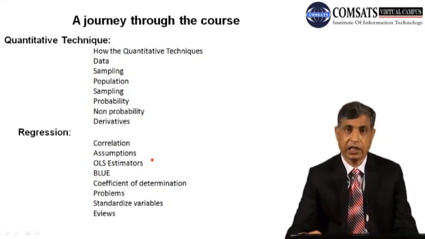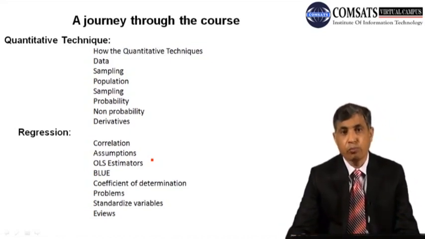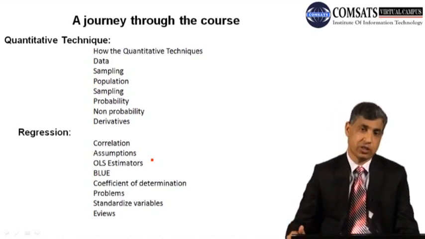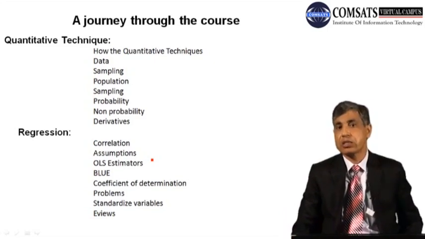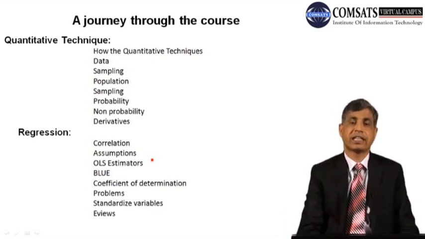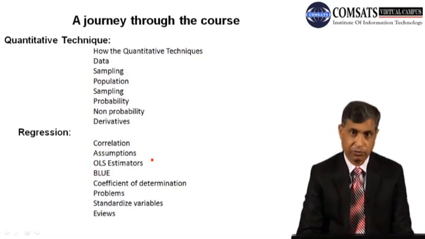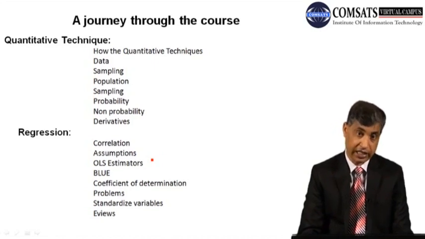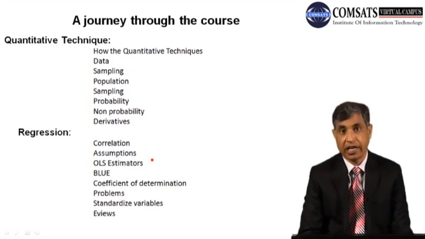There are different techniques, but if you remember, most of the time we talked about the OLS estimator, because it is a very charismatic technique based on some assumptions, and with very discrete and powerful characteristics that the others may not have.